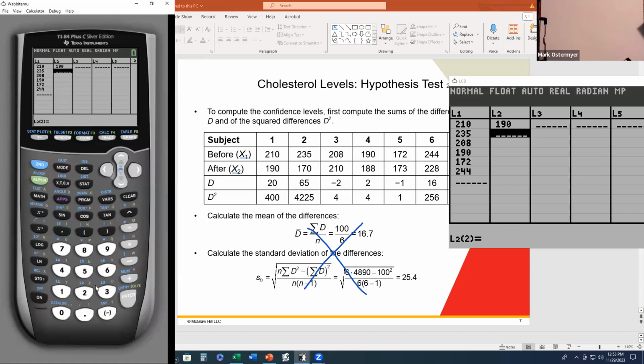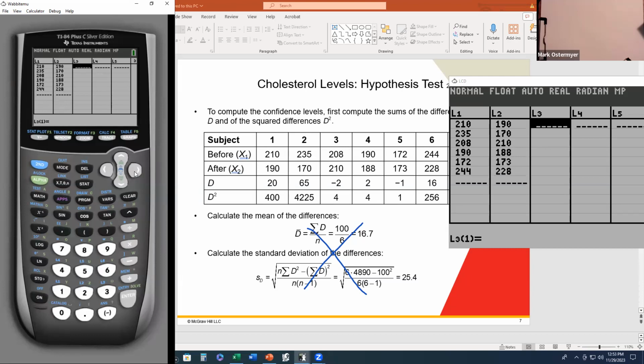So 235 is paired with 170, subject number 2. Subject 3, 210 after taking the supplement, 188 for subject 4, 173 for subject 5, and 228 for subject 6.